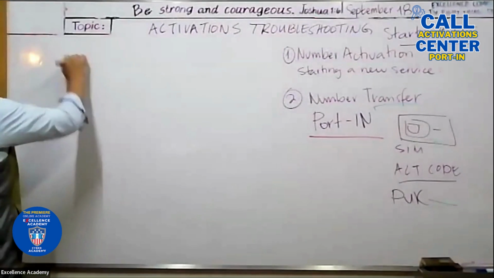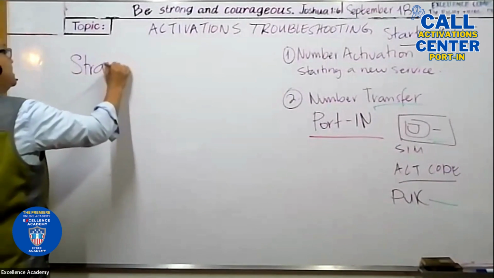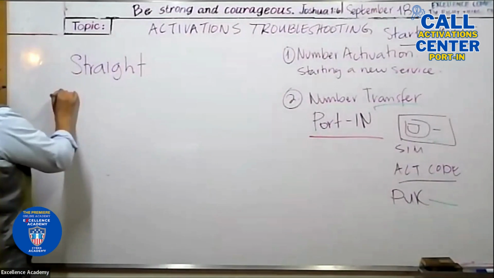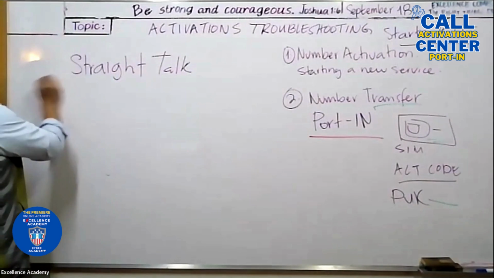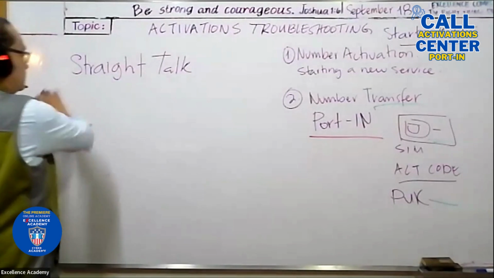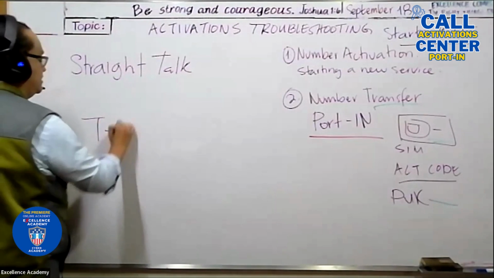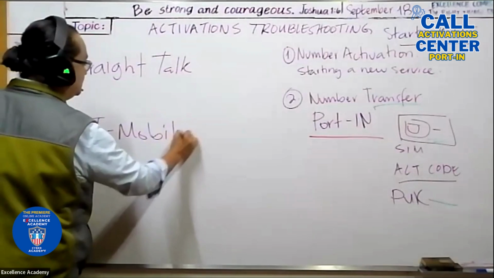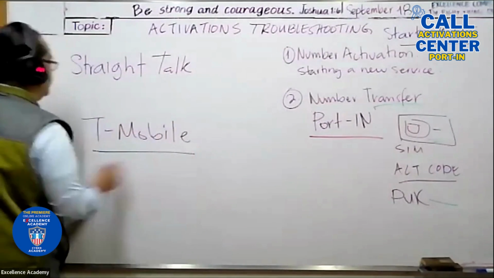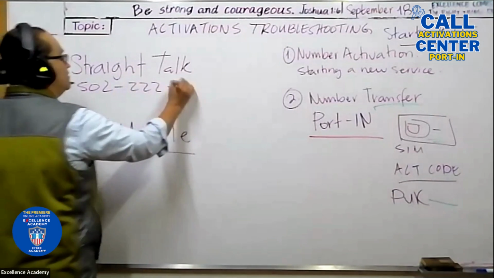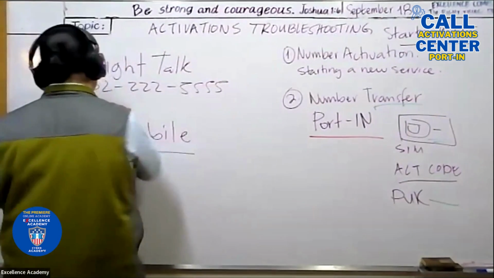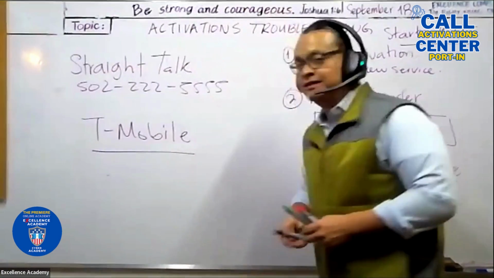So let's say that the customer has a number from Straight Talk, which is an existing popular carrier, and the customer will transfer his existing number to T-Mobile, which is our carrier, let's say. So let's say the customer has 502-22-5555, whatever. This is the customer's Straight Talk number.